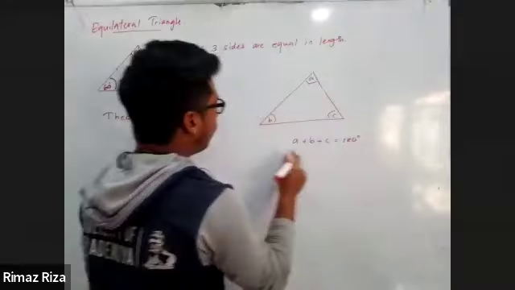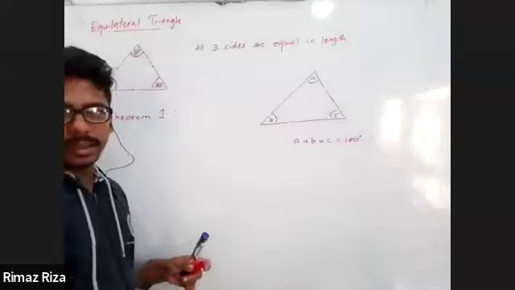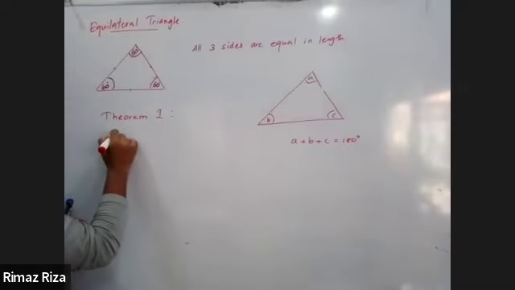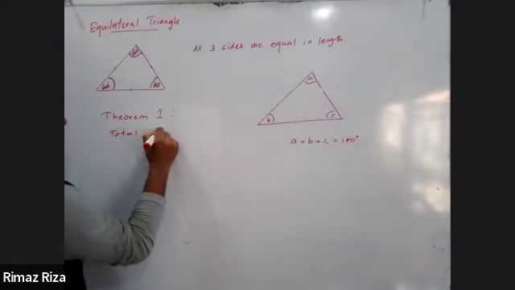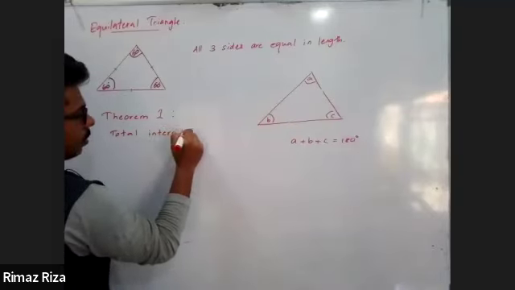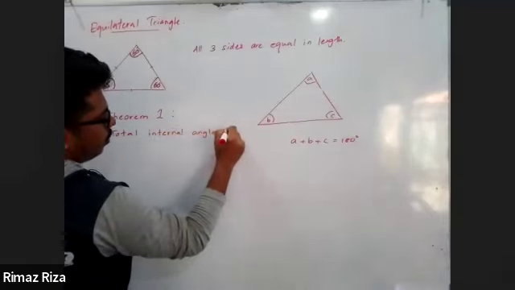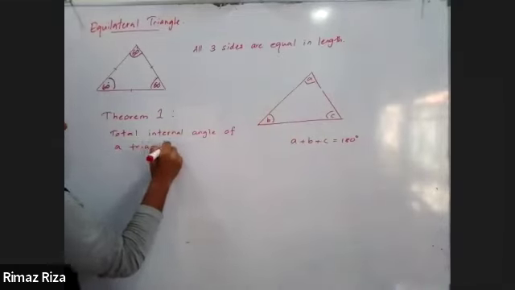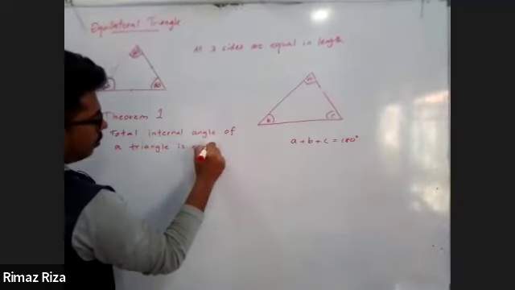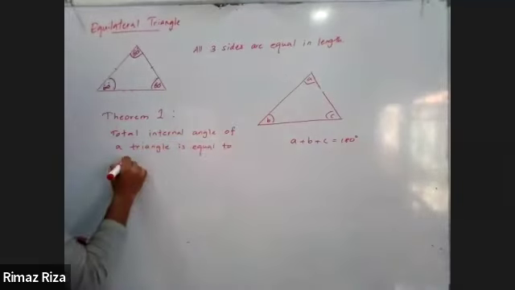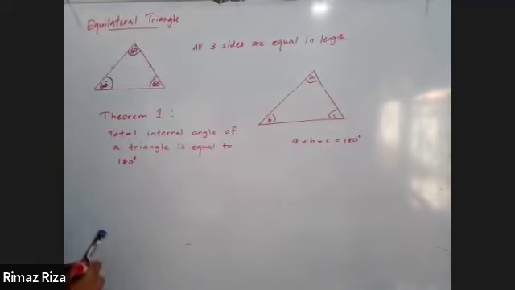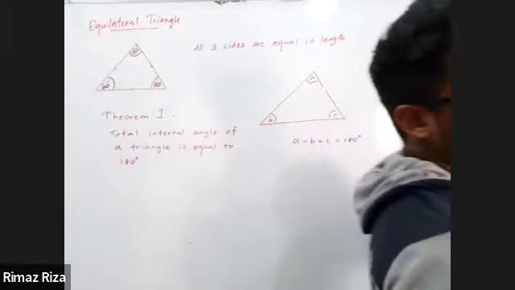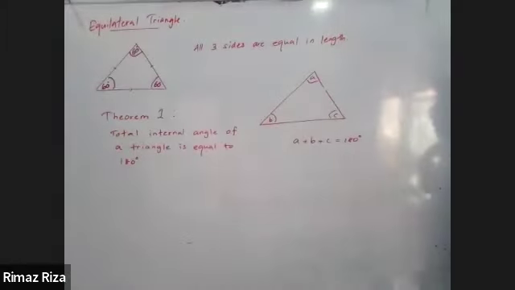So that is our theorem 1: the total internal angle of a triangle is equal to 180 degrees.